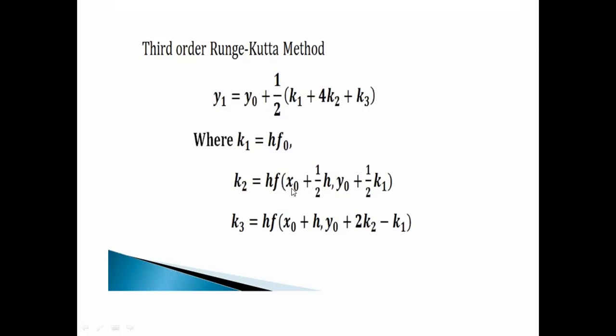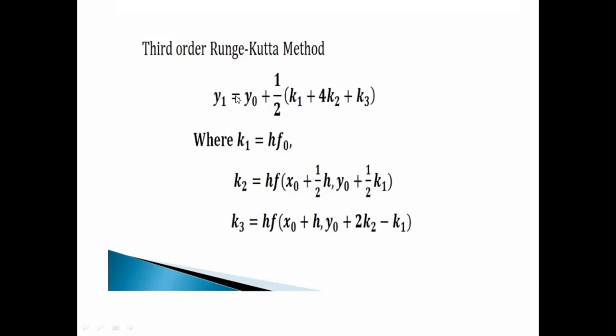K2 is h into f of x naught plus h by 2, comma y naught plus k1 by 2. This is similar to k2 in RK method of order 4. Only the change is k3 here. K3 is equal to h into f of x naught plus h, full h here, comma y naught plus 2 times k2 minus k1. That is the only change here.